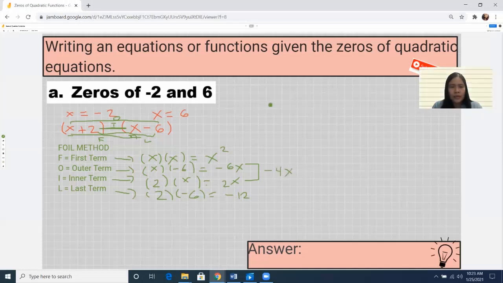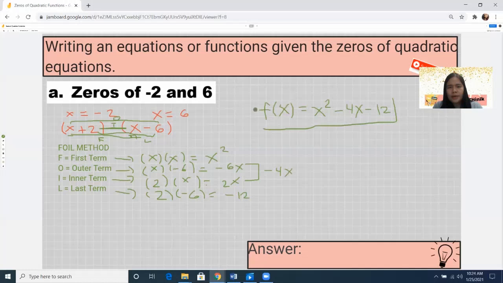The equation or the function depends on what you're looking for. For example, we're looking for the function of x. We start with the quadratic term, x squared, and then minus 4x because we simplified it, and then minus 12. That is how we answer it.